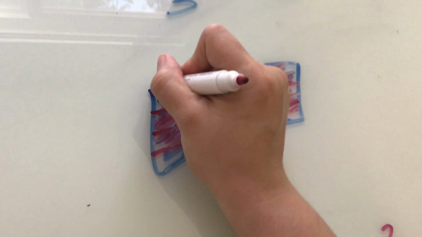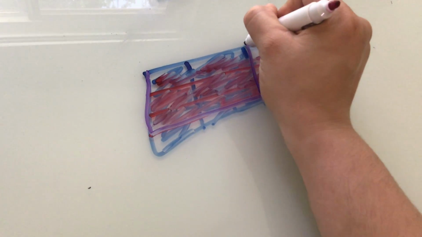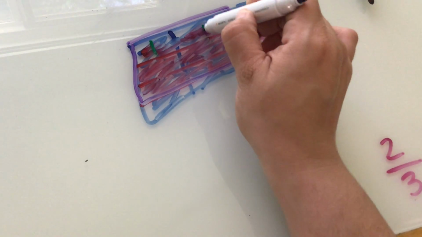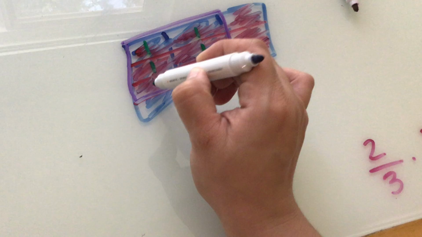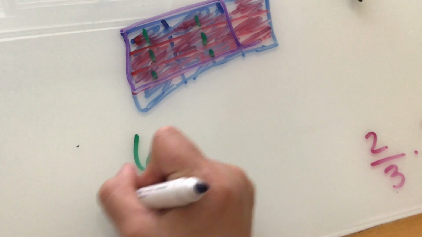Now remember, we're only looking at the overlapping colors to give us our answer. So in this case, it's right here. So that means that we have 1, 2, 3, 4, 5, 6. 6 would be our numerator.